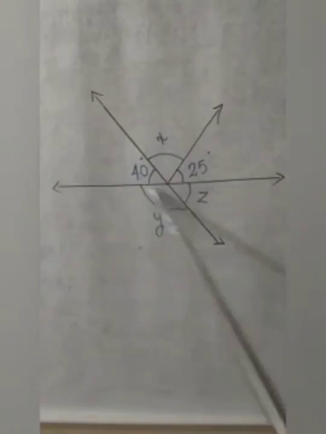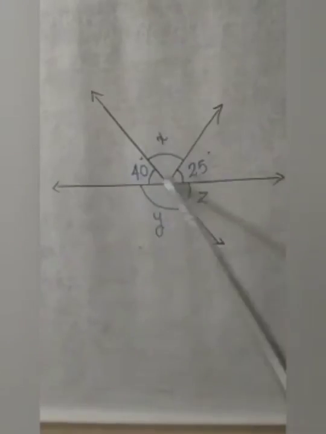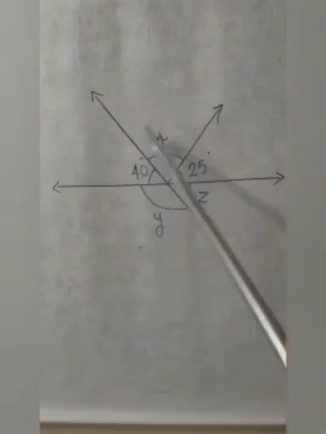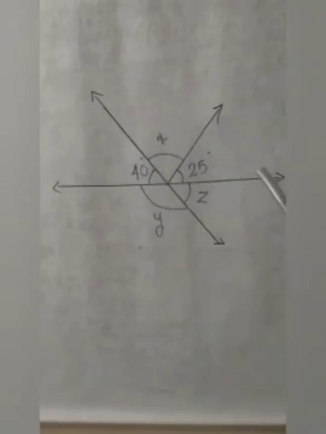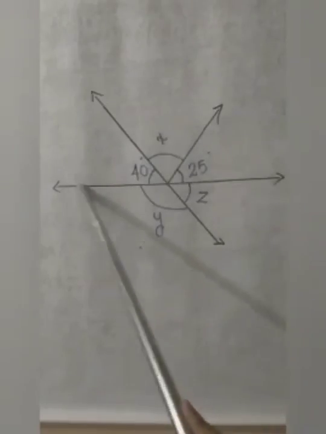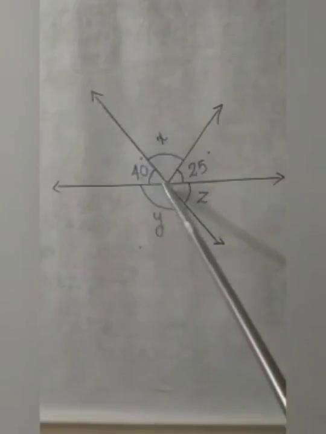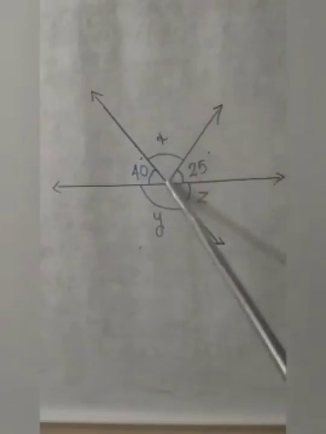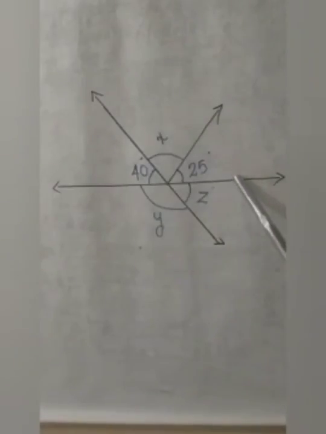I said a linear pair means this straight line. So if this is a straight line, you know this full measure is 180 degrees, isn't it? So which angles are coming in that straight line? This angle is coming, that is 40 degrees. Here one X is coming and one 25. Altogether these three angles we get what? 180 degrees, isn't it?